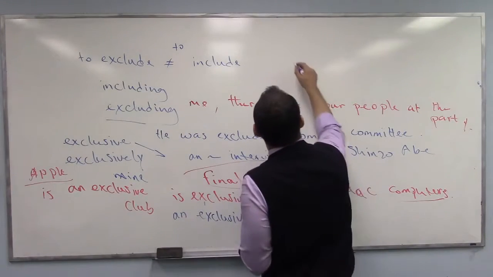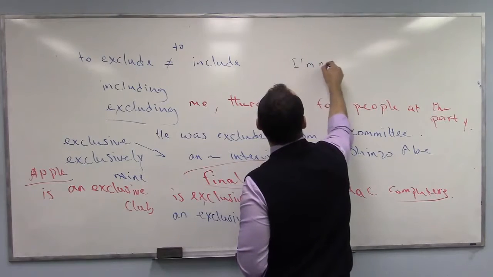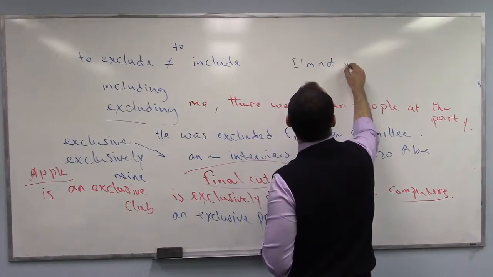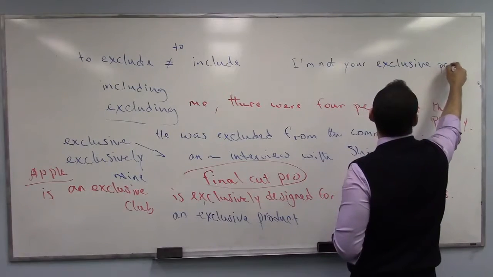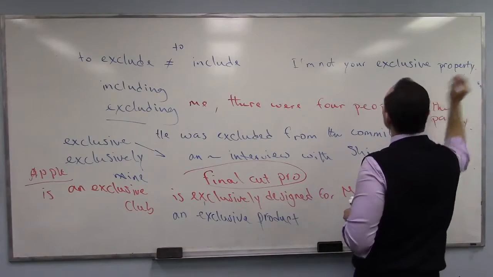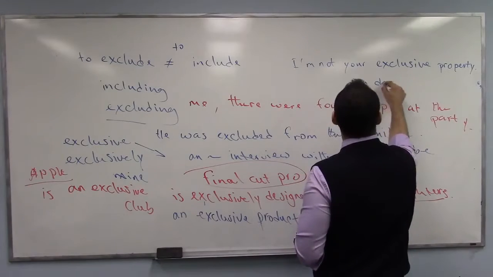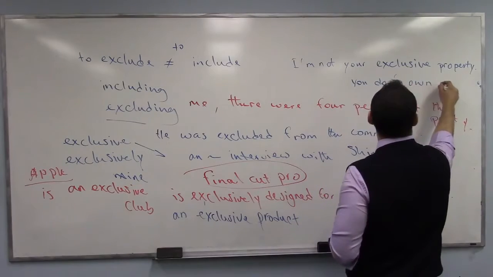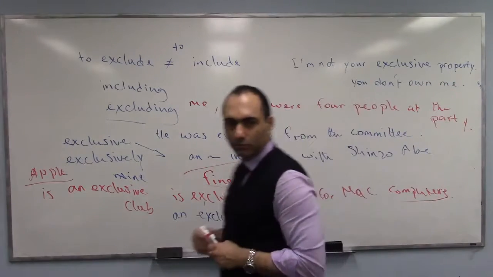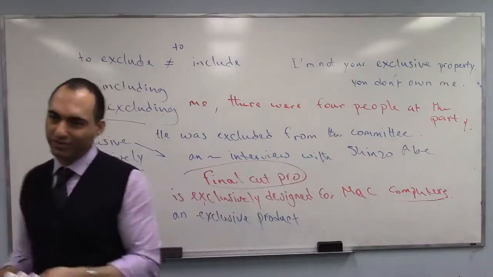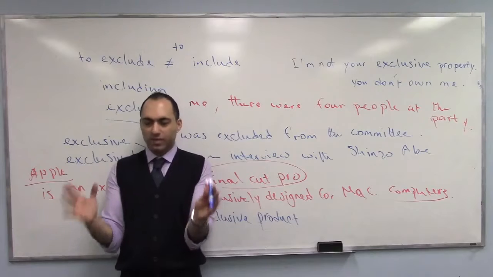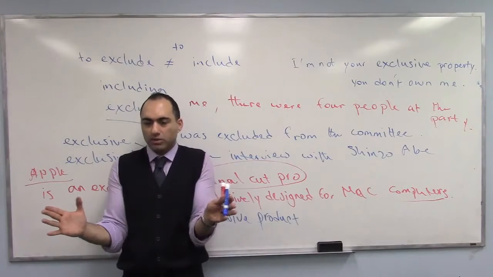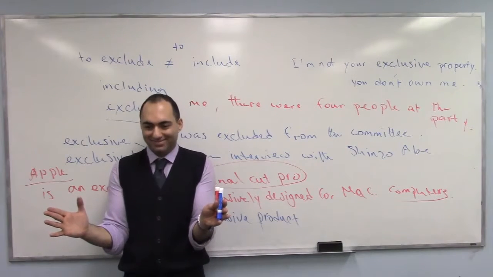I'm not your exclusive property. You don't own me. You can just use this sentence all the time with your boyfriends. I'm not your exclusive product. You don't own me. I want to go out with Ray.